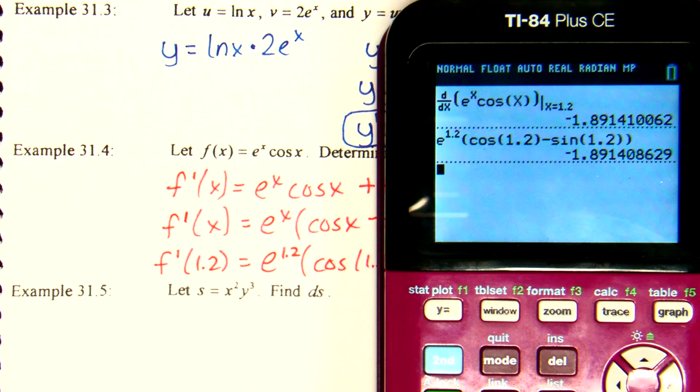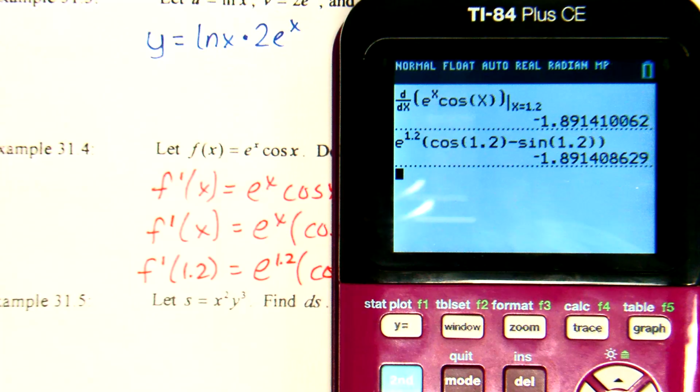That button, right here. The second thing I did is what you guys did, right? Trevor probably had that negative 1.8914088629. Okay? Notice my answer is slightly different up here, but remember you go into the math menu and there's that nDeriv. You can type in the original equation and an x value.